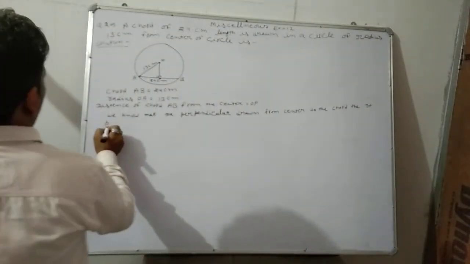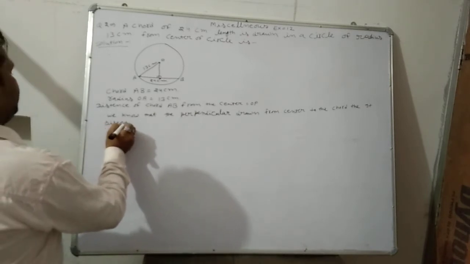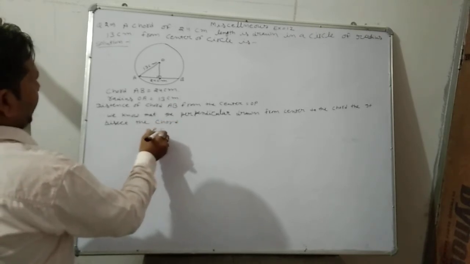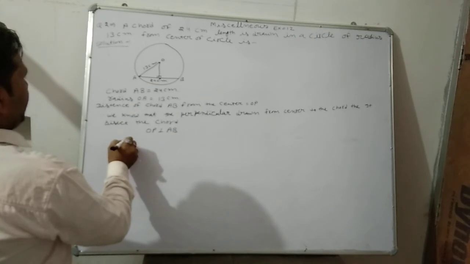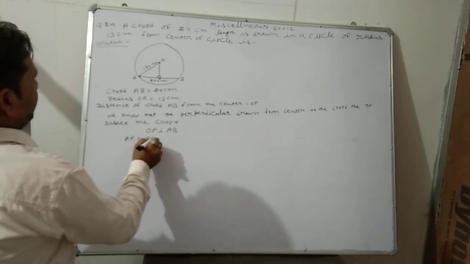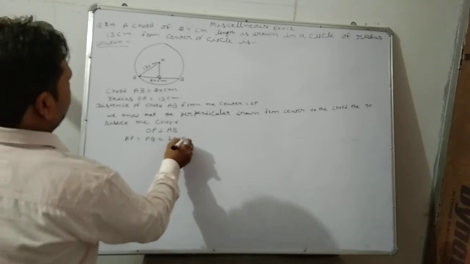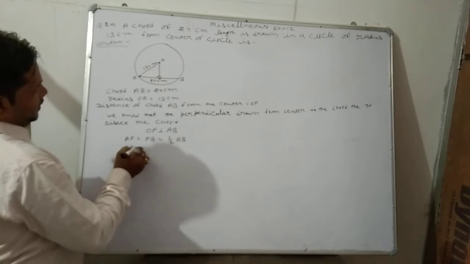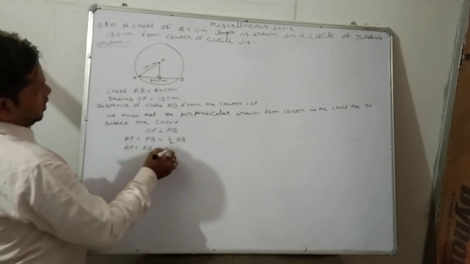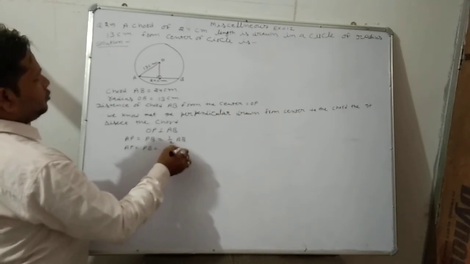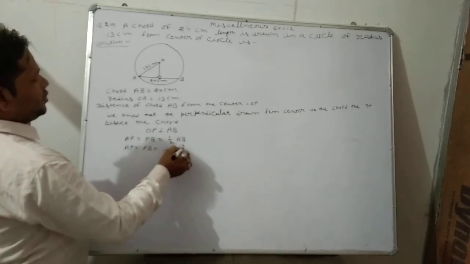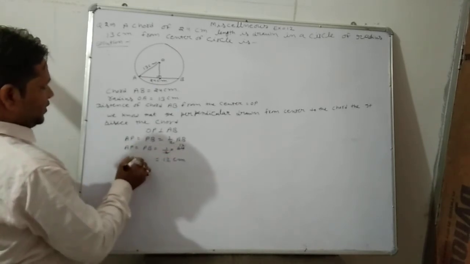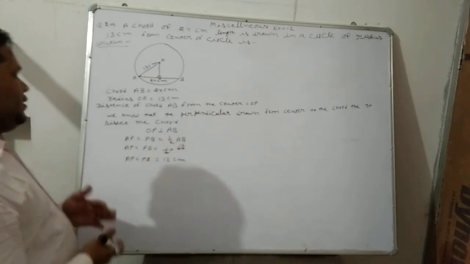OP is perpendicular to AB, so we can write AP is equal to PB is equal to half AB. So AP is equal to PB is equal to half the value of AB, 24. 2 ones are 2, 2 twelves are 24, so 12 centimeter. AP is equal to PB is equal to 12 centimeter.